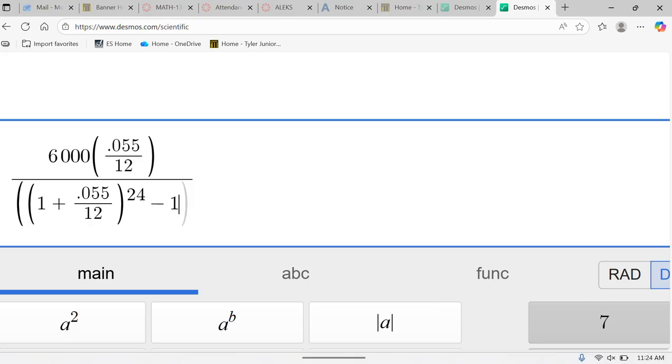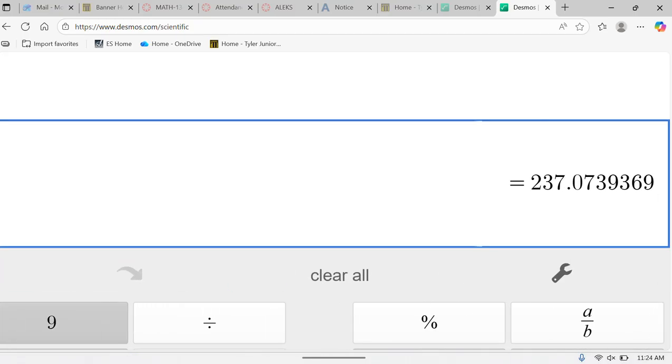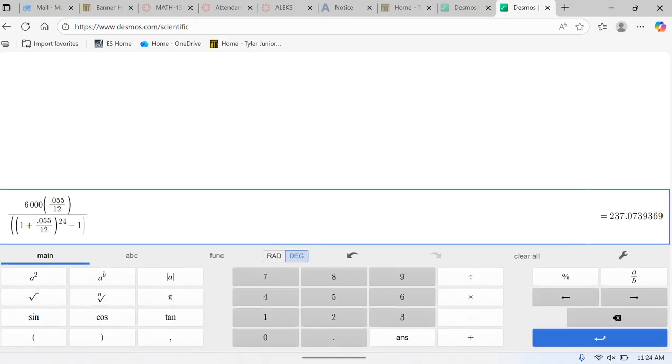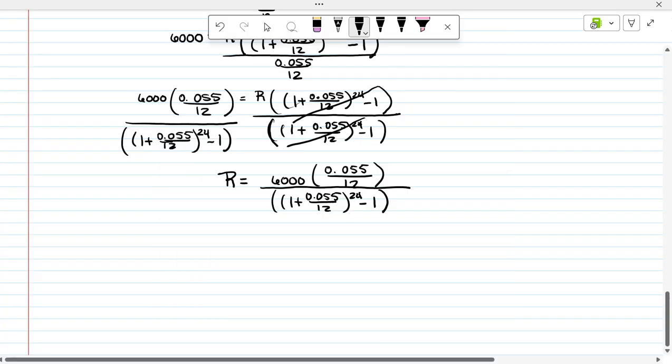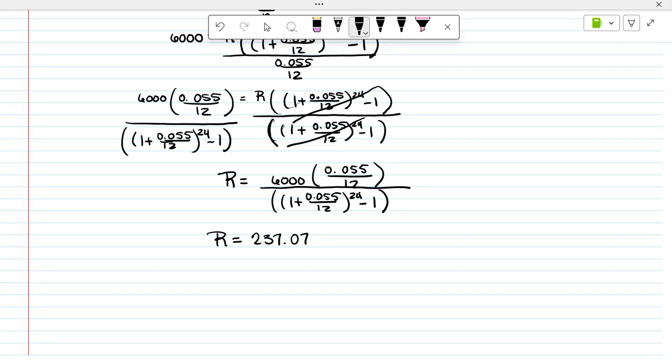Sorry. Okay, so we're good. We got it stacked. It is 237.07. Let's see what we're actually trying to answer there. That was the monthly payment. We don't have to do anything else. So this person is going to have to make a $237.07 payment per month.